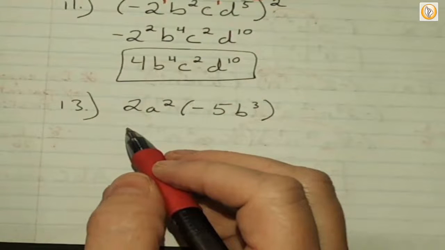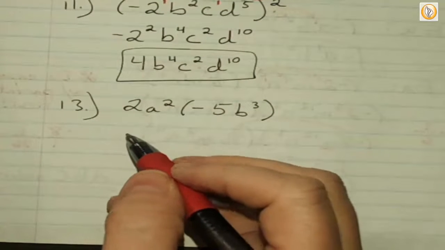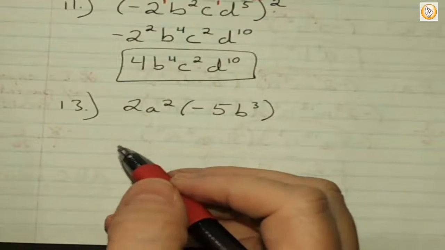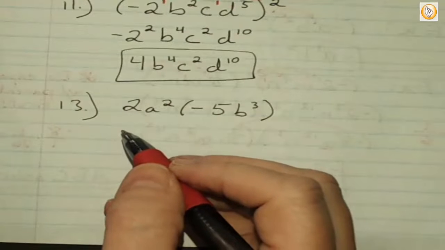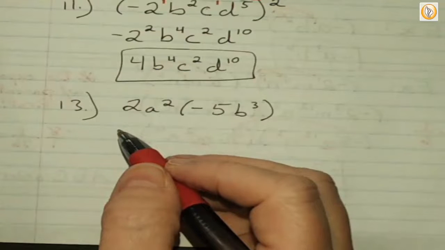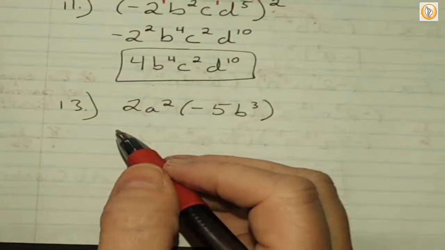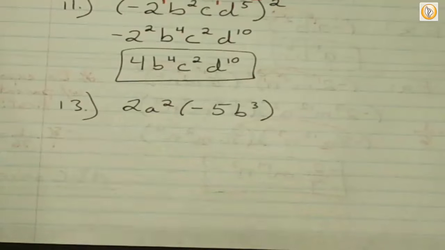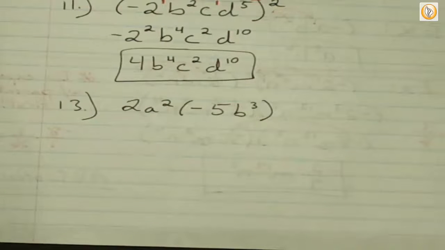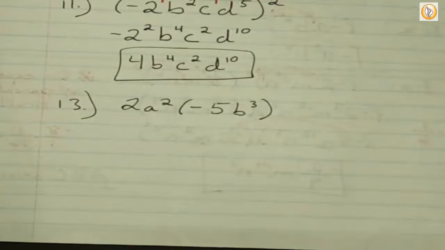Wake up, Taylor. How do you solve this? So you apply 2a squared to everything in the parentheses. Okay, let me help you out.